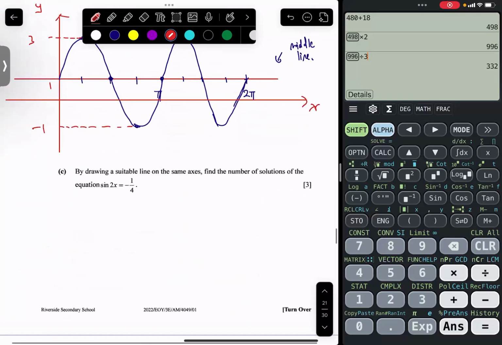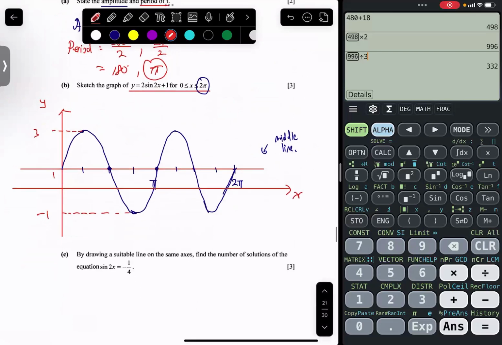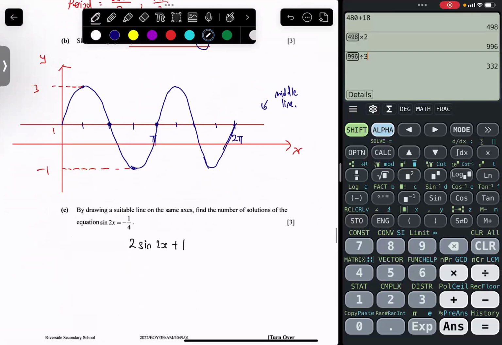By drawing a suitable line on the graph, find the number of solutions of the equation sine 2x equals negative 1/4. Okay, so this one.